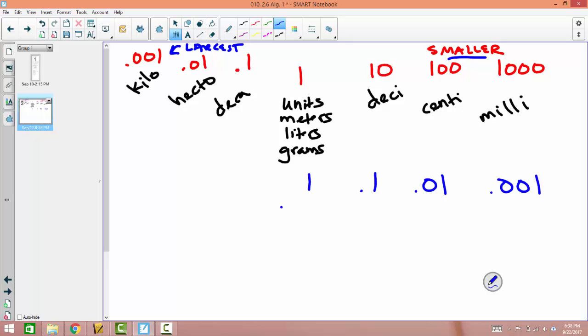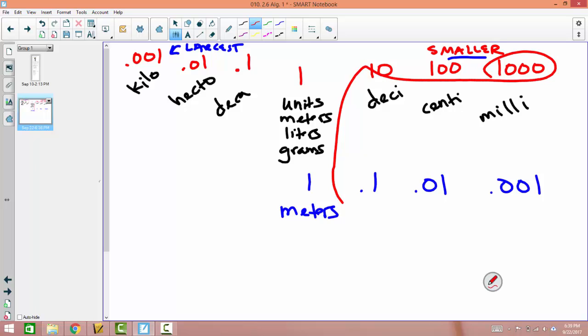So if you have the meter, convert it to millimeters, you're going to multiply bigger. But if you're talking about how many millimeters are in a meter, it's 0.001 of a meter, or it's 1,000 millimeters in a meter. So if you sort of understand the size, then you'll kind of know which way to think.